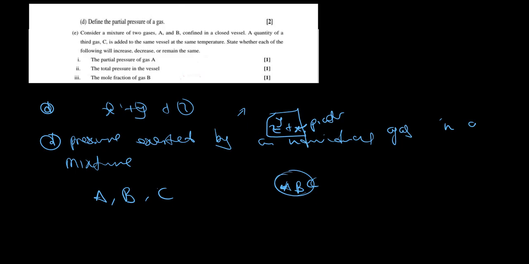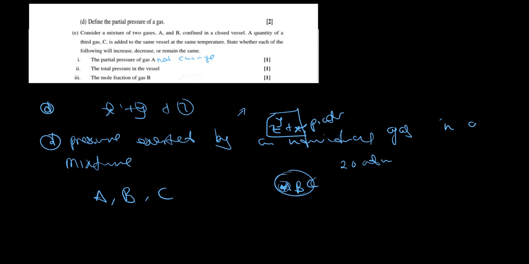Even if the other gas comes, it won't change. Because it is still the partial pressure. Let's say it had 2.0 atm, that's its partial pressure, so that can't be changed.